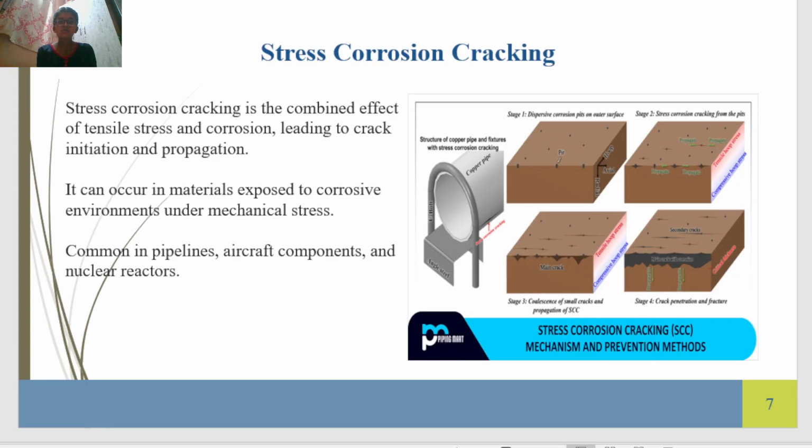Next we have stress corrosion cracking. Under this type of corrosion, it is the combined effect of tensile stress and corrosion leading to crack initiation and propagation. It can occur in materials exposed to corrosive environments under mechanical stress. Most commonly it is seen in pipelines, aircraft components and nuclear reactors.